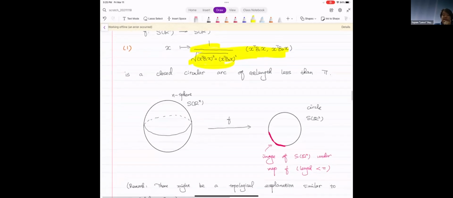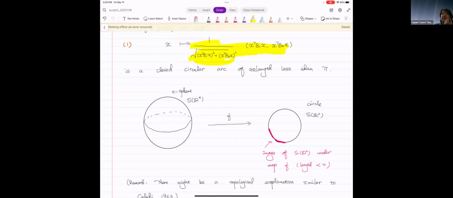Well, I look at a high-dimensional sphere. For example, in this illustration, I have a dimension 3 sphere. Then for the map, the image of all the points in this n-dimensional sphere is going to be a closed circular arc in the circle. And this arc cannot have length greater or equal to pi. That's it. So this is the result.